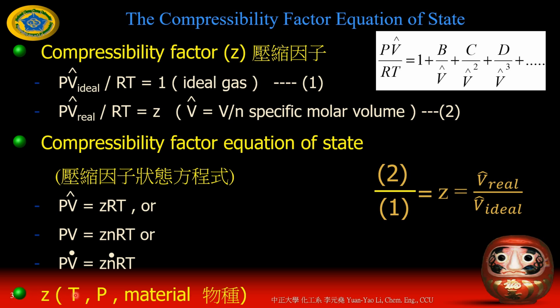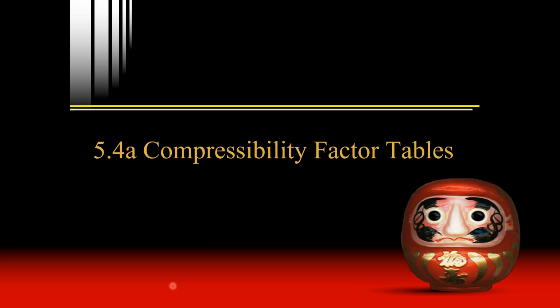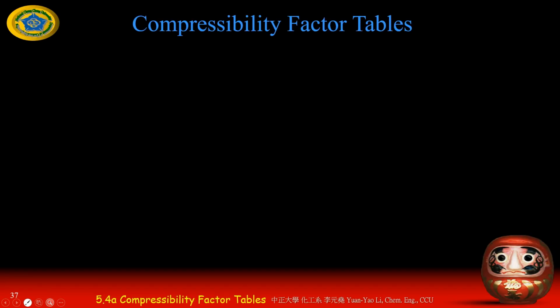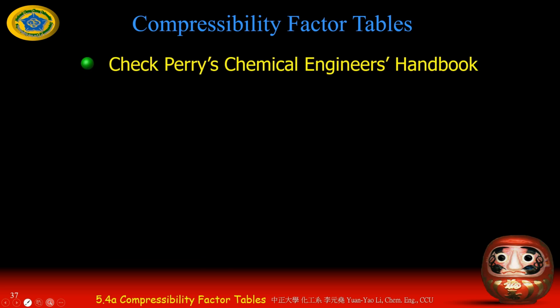If you change these three factors, Z will be changed. So let's find out how Z changes. Can we have a table to represent the compressibility factor? Yes, we do. The compressibility factor table you can find in Perry's Chemical Engineers' Handbook.